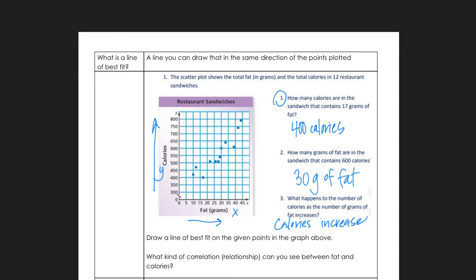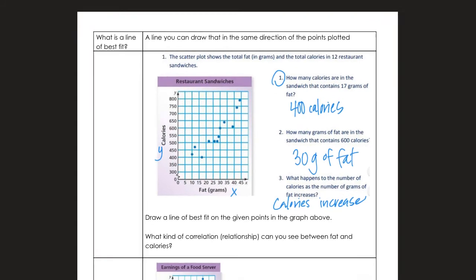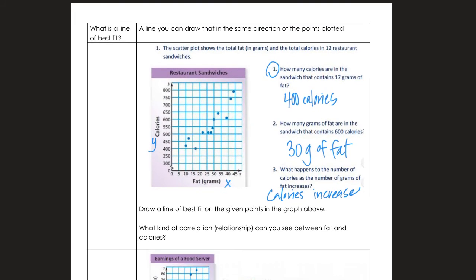Okay, so now we're going to get to the part where we're going to draw a line of best fit so that we can make approximations based off of the data that's given. So it says to draw a line of best fit on the given points of the graph above. If you have a ruler at home, now would be a great time to grab one. If not, if you have something like a book or anything with a straight edge, now would be a great time to grab that.